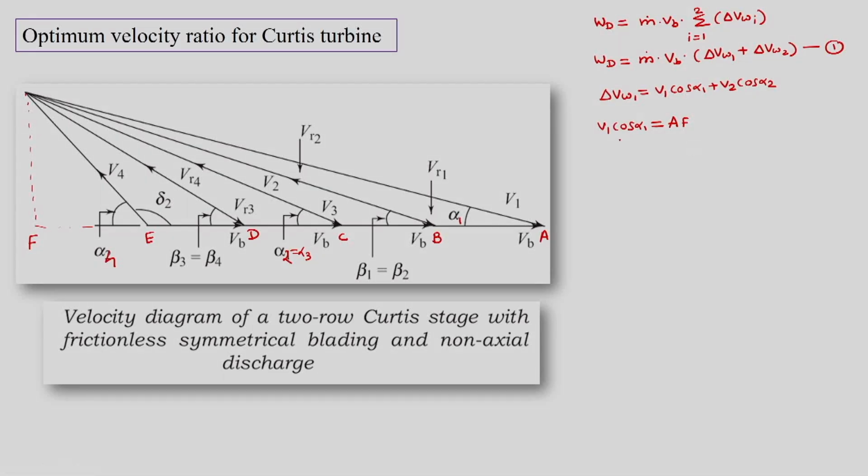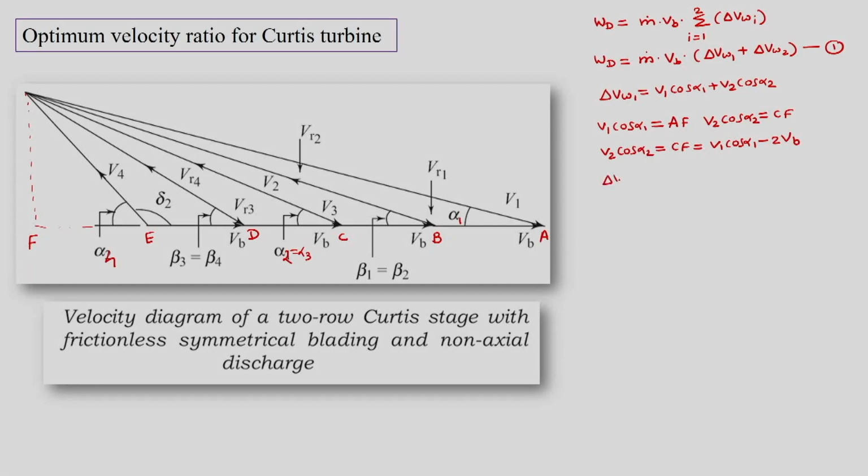Further we know that V2 cos alpha 2 is equal to CF. So V2 cos alpha 2 is equal to CF is equal to V1 cos alpha 1 minus twice VB, and this would be useful to find out delta VW1.